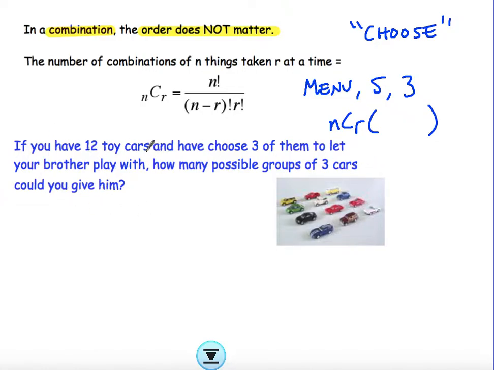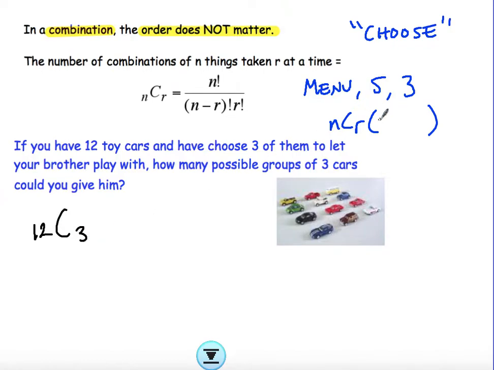So here's an example. Let's say you've got 12 toy cars and you're going to choose 3 of them to let your little brother play with. So essentially you're going to just scoop up 3 cars. Any 3 cars. Doesn't matter the order, nothing. That would be 12 choose 3. Out of the 12 things I have, I'm choosing 3 of them.